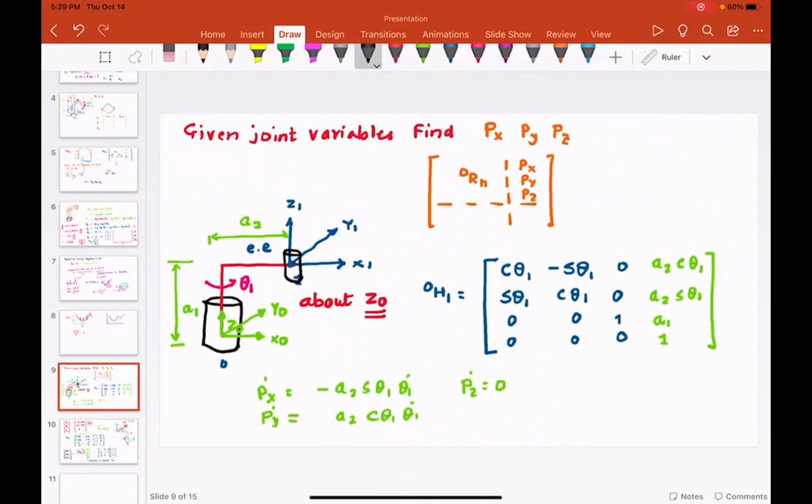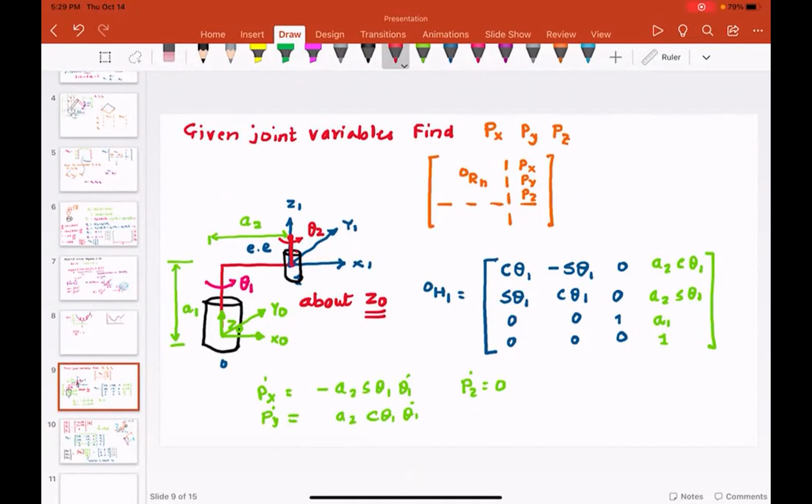Instead of the end effector being where the frame Z1 is, there is another revolute joint, and that revolute joint has, say, theta 2, and I want you to imagine the end effector is on the axis of the second revolute joint.